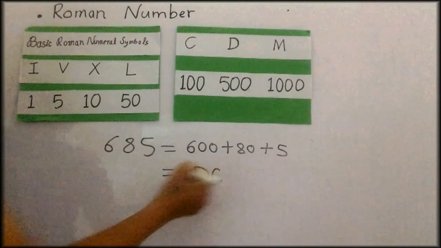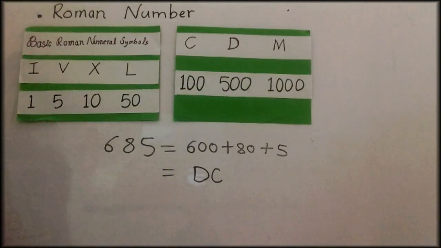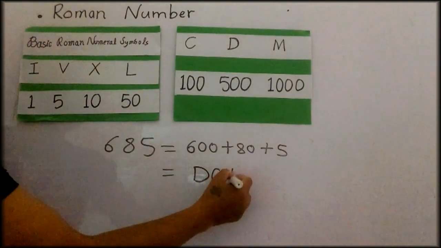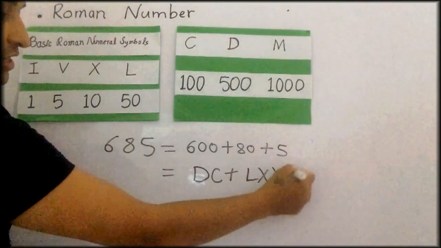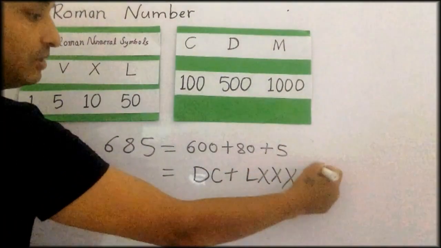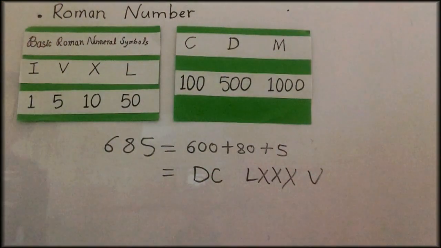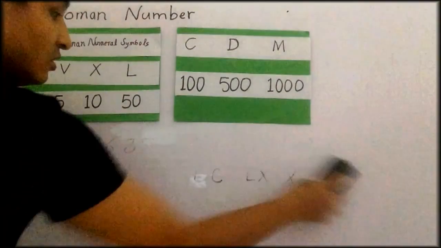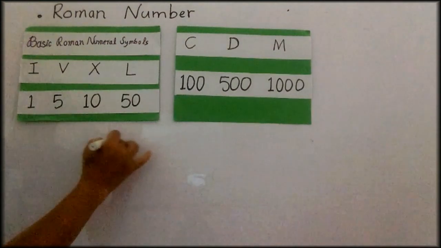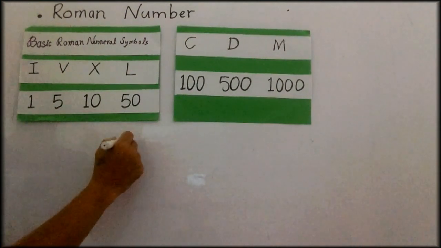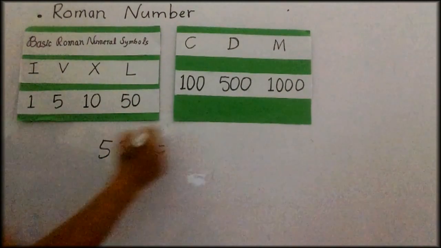D represents 500, so 500 plus 100 is 600. Then 80: 50, 60, 70, 80. 5 is V. So in this way we can write 685.